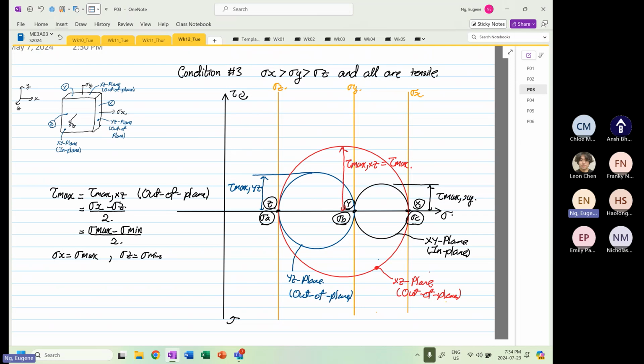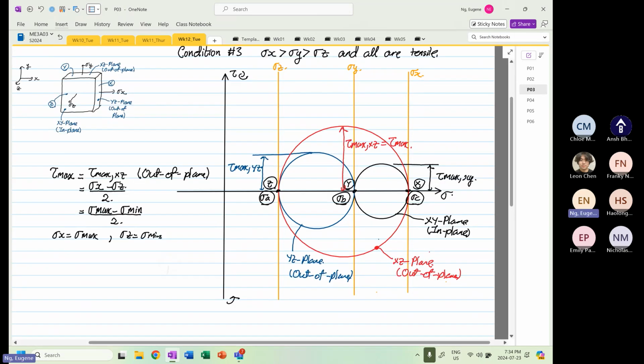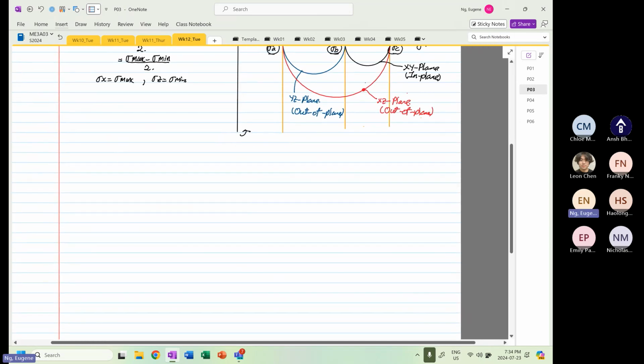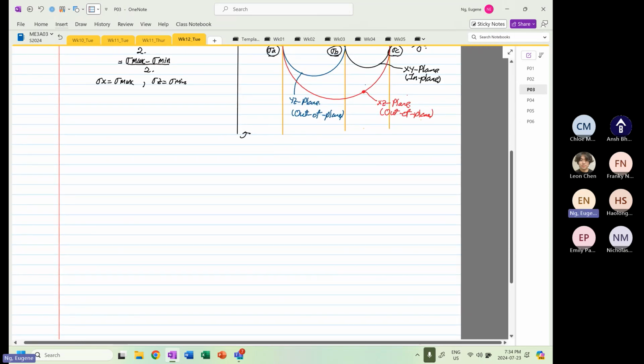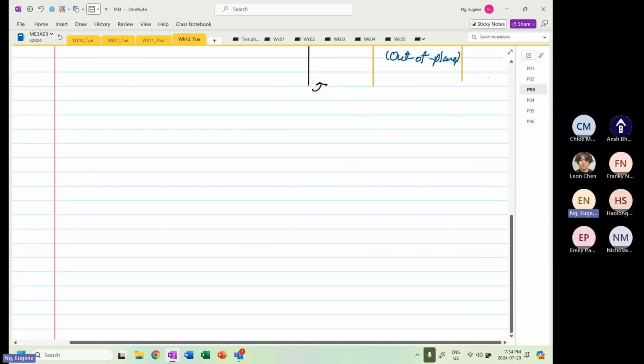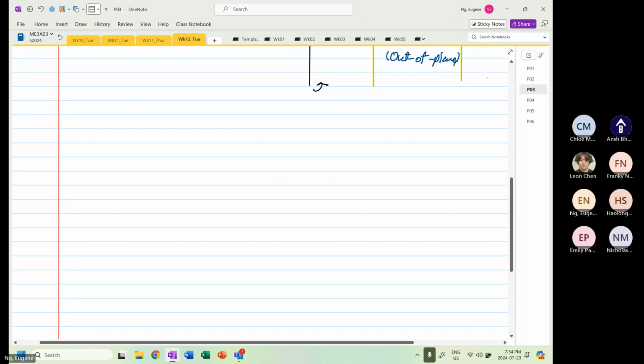Okay, so what I'm going to do now is we're going to solve a problem. Okay, so this one problem I like to solve, and this problem that we're going to solve has a lot of layers. Okay, so example number 1. And we have to apply 3D Mohr's circle.